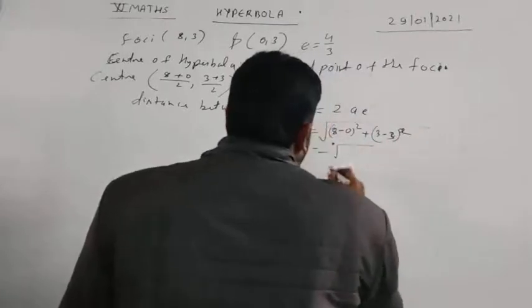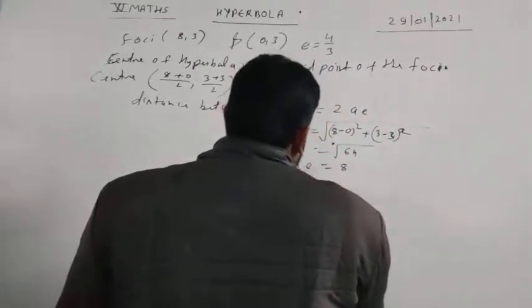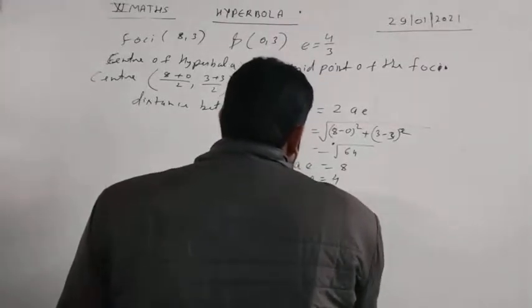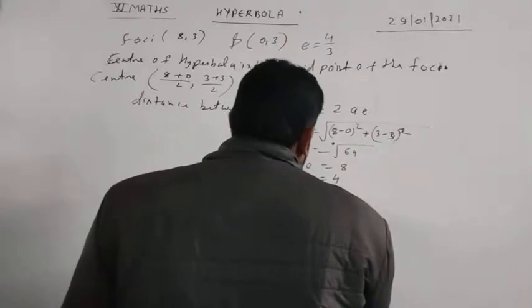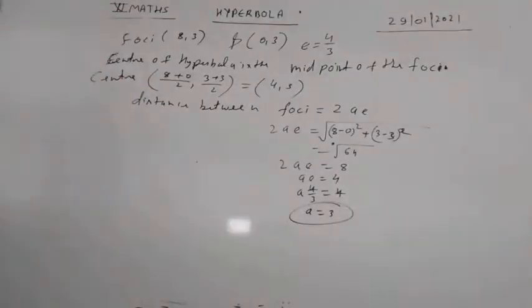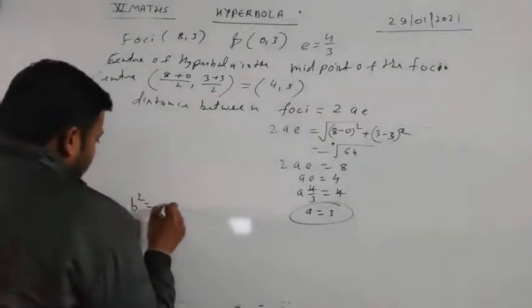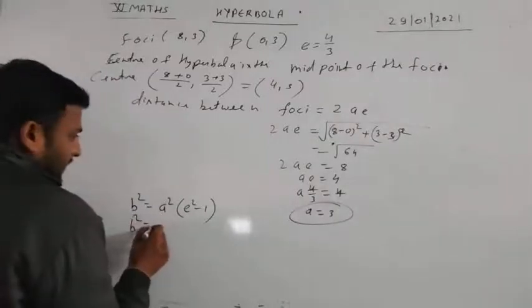So this is, student, 64 under root, and this is 8. So 2ae is 8, so ae is equal to 4, and you know the eccentricity e is 4 by 3. So from here we find out our a, which is equal to 3.